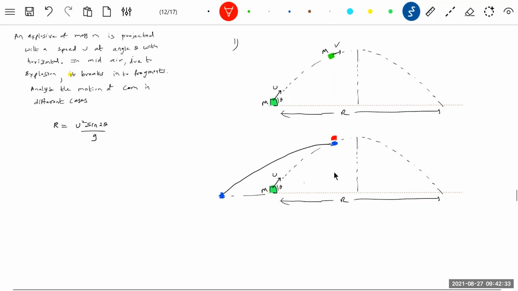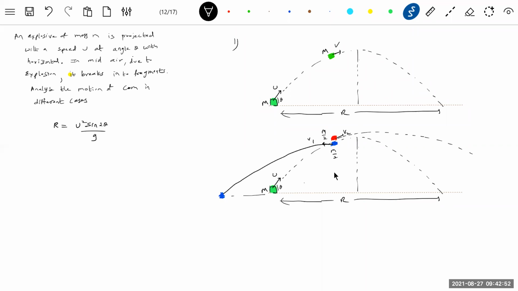Where does the other fragment land? In mid-air the explosion will occur and it will break up into two equal fragments, so m by 2, m by 2. This will have some velocity, say v1, and the other v2. And the trajectory of this has to be in this way, where it lands here.